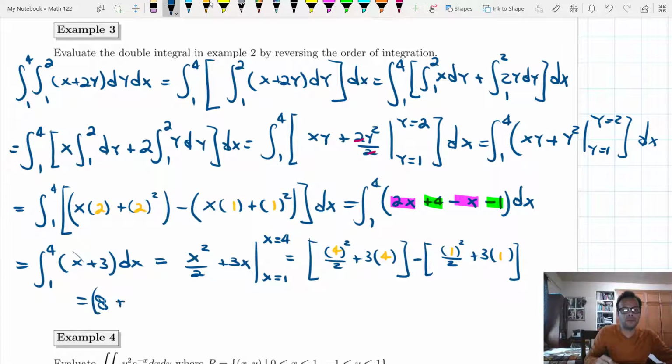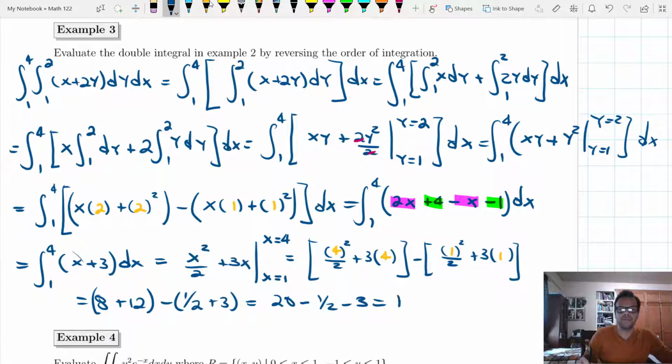Plus 3 times 4, which is 12. And then minus 1 squared divided by 2, that's going to give me 1/2, plus 3 times 1, which is 3. So 8 plus 12 gives us a total of 20, minus 1/2 plus 3.